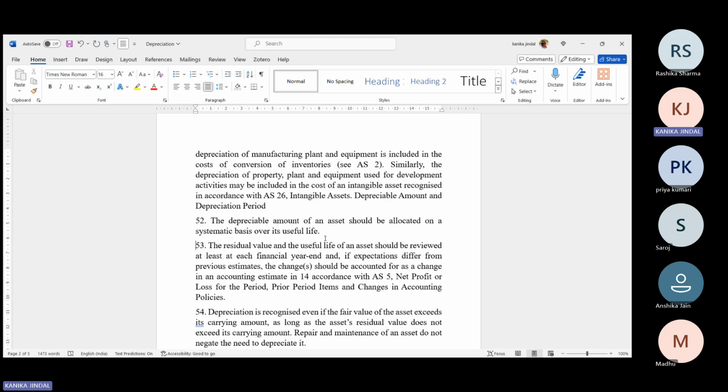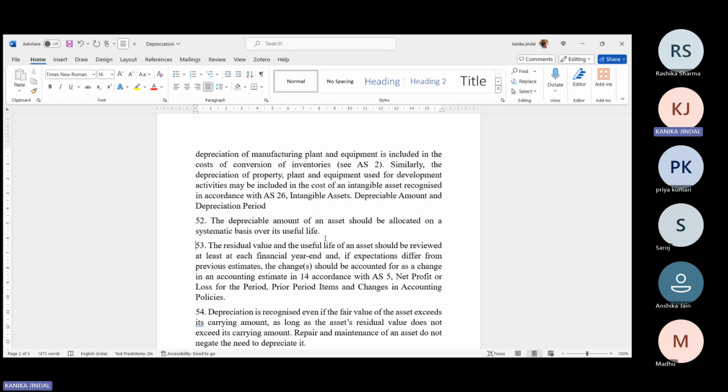So as per accounting standard 5, हमें क्या करना है? अगर हमें लगता है हर फाइनेंशियल ईयर के बाद हमें रिव्यू करनी है रेसिडुअल वैल्यू और यूजफुल लाइफ ऑफ एन एसेट, और अगर हमें ये लगता है कि हमारे जो एस्टिमेट्स हैं दे आर डिफरिंग फ्रॉम द प्रीवियस एस्टिमेट्स, तो हमें वो इंफॉर्मेशन हमें डिस्क्लोज करनी है. इट शुड बी अकाउंटेड फॉर एज अ चार्ज इन एन अकाउंटिंग एस्टिमेट.